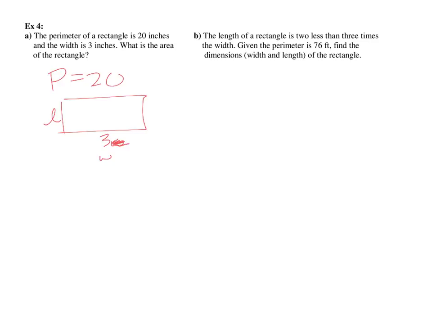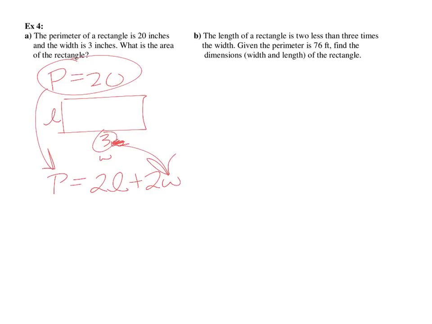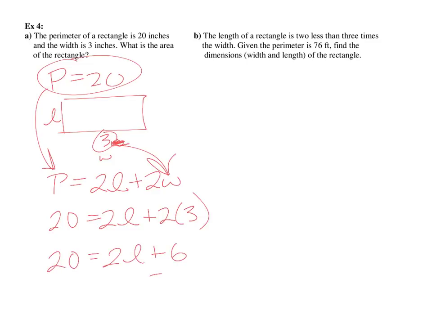Okay, so I have perimeter, which is 2 times the length plus 2 times the width, or L plus W plus W. I'm going to plug this in, and I'm going to plug that in, and I get 20 is equal to 2L plus 2 times 3. So I get 20 is equal to 2L plus 6, subtract 6. I get 14 is equal to 2L.